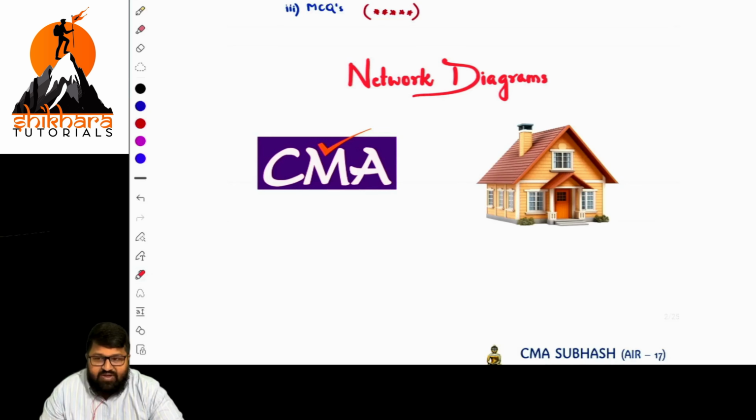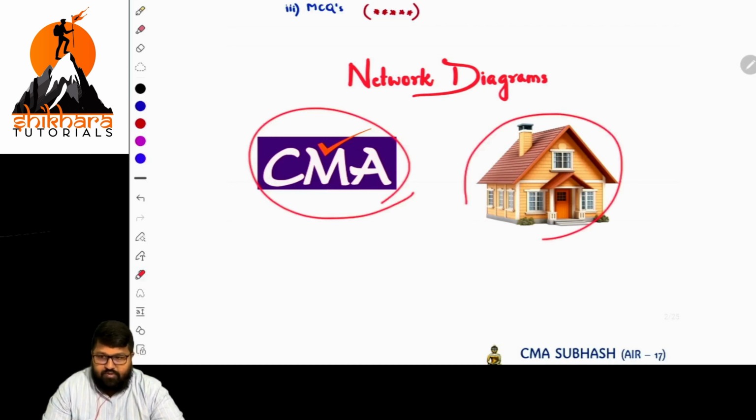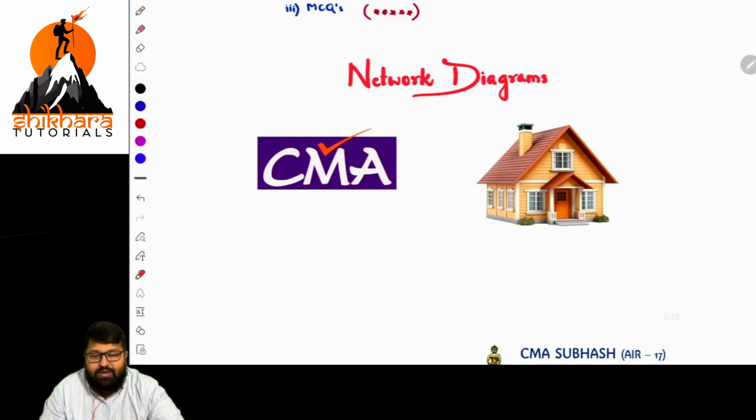So network analysis is nothing but the entire project, whether a CMA completion or a house or villa completion, being depicted in the form of a picture, using arrows. This is nothing but an arrow diagram. In the case of CMA, there are basically three stages: foundation, inter, and final.